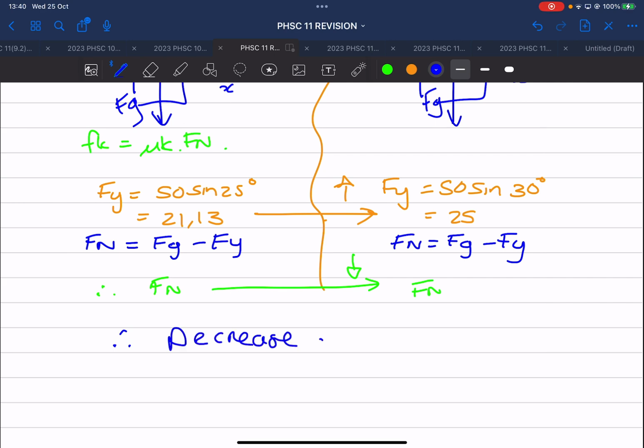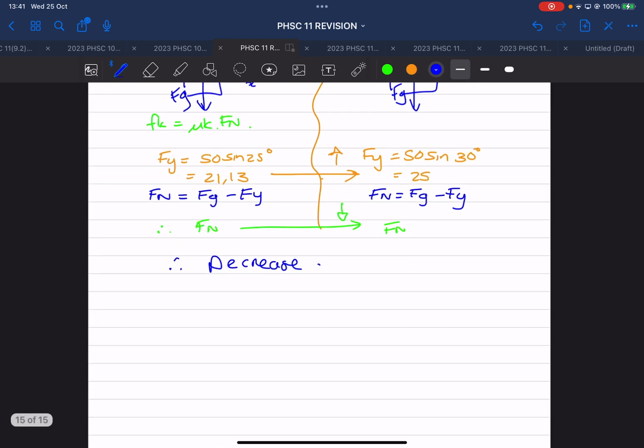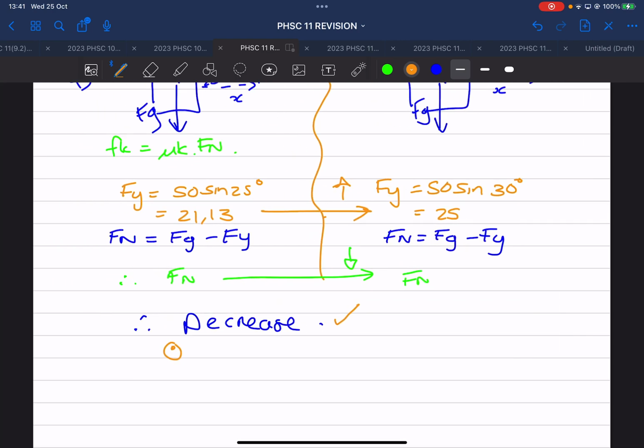Now we must give reasons, because this here is just our nonsense for ourselves. It counts 3 marks. So this here is 1 mark, and then I must give 2 other statements. Okay. So decrease, our first thing that we saw is when the angle increased, what happened?